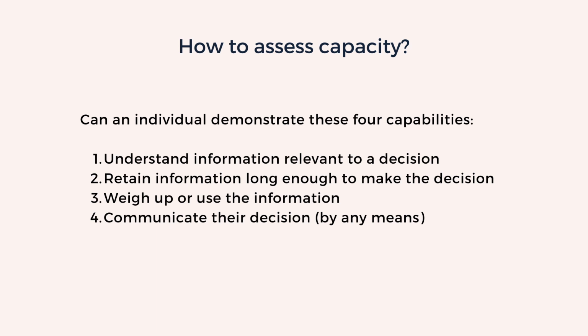The first one is whether that individual understands the information relevant to a decision, whether they can retain that information long enough to make a decision, whether they can weigh up or use information, and lastly, whether they can communicate their decision. This could be by any means, and it's important that we have them communicate. For example, if somebody is not able to communicate verbally, maybe they can do it in a written format.